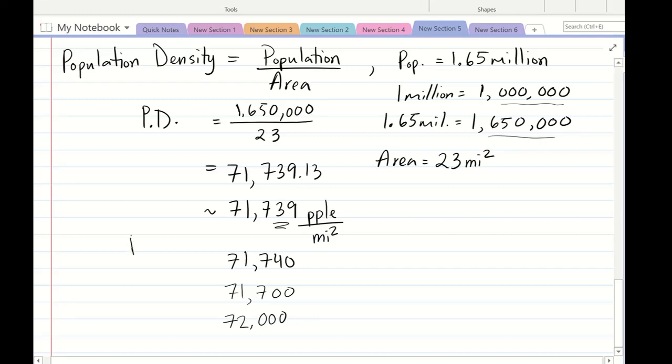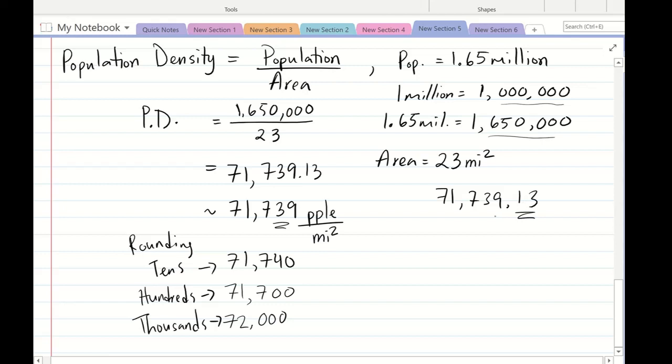So if this is rounding to the tens place, that's this one. Rounding to the hundreds place, that's this one. Rounding to the thousands, that's this one, right?